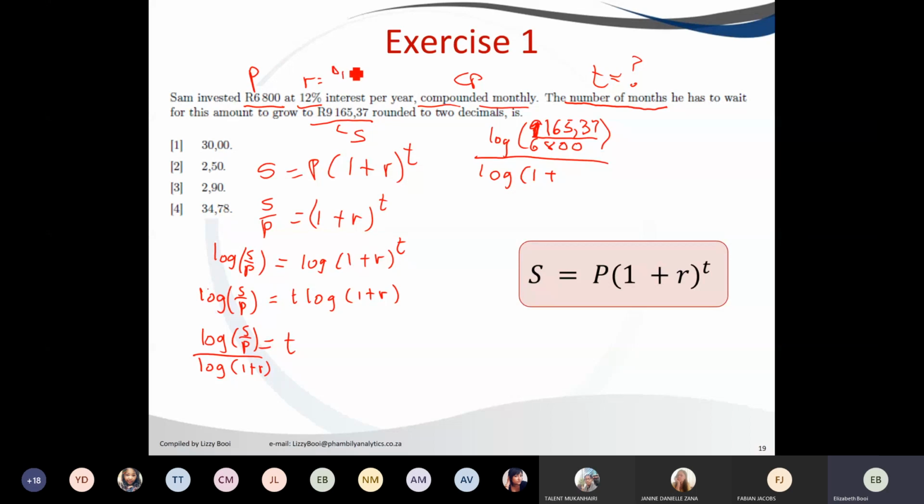It's 0.12 divided by 12, which gives us 0.01. Let me see here. My calculator is in 2 decimals. Let me put it 0.01.